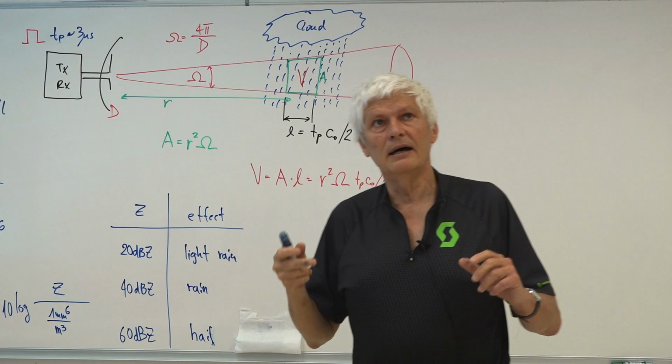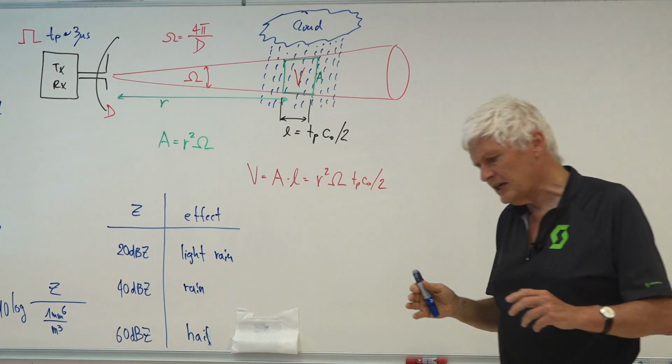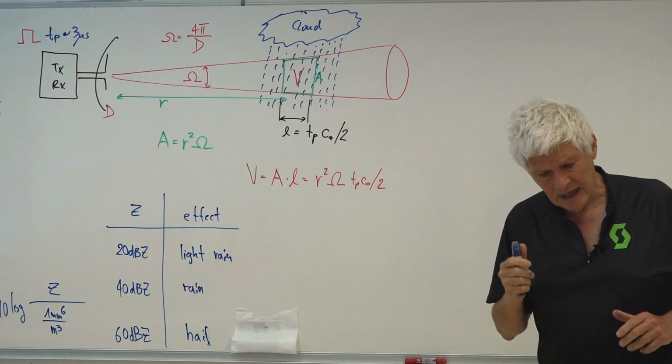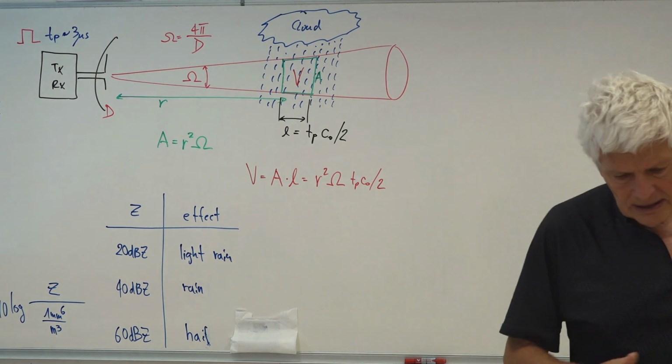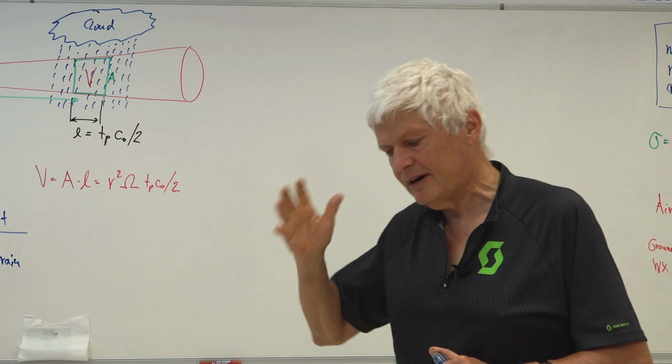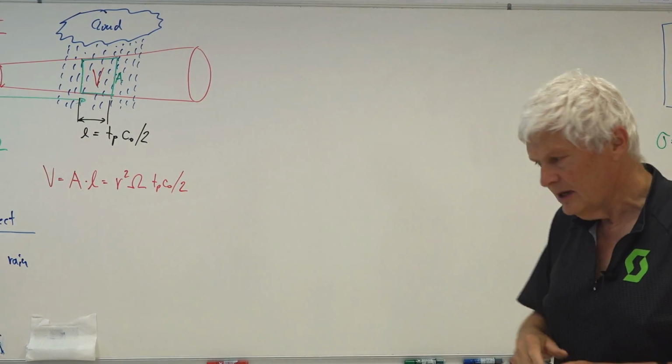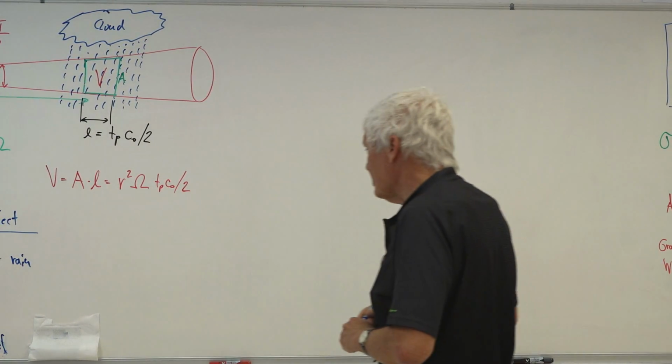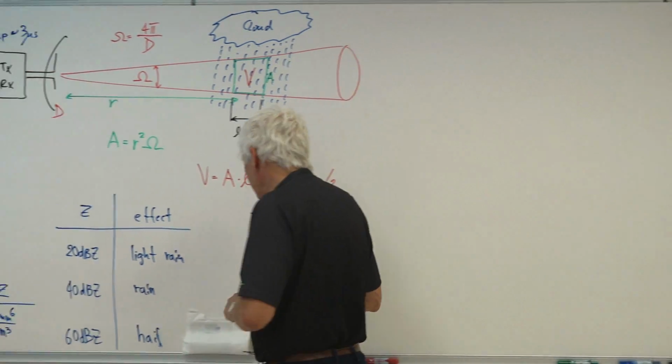These reflections from single drops are not synchronized. If they are not synchronized, it means that I have a sum of phasors, and all these phasors have a random phase between them. So I simply sum the power.